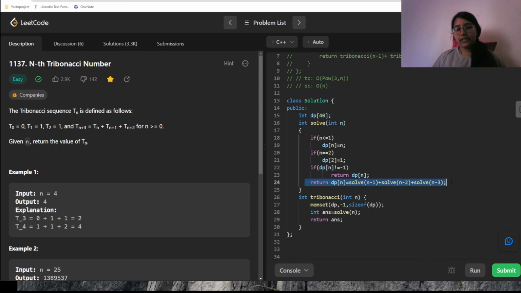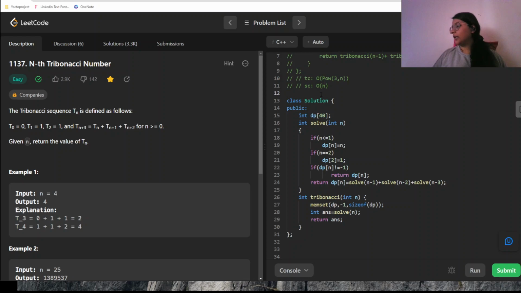Else we will be returning the recurrence relation while assigning that value to that index of the DP. And like this, our whole DP would be filled up completely, returned to this function, and stored in this answer. And at the end, we will be returning that answer.